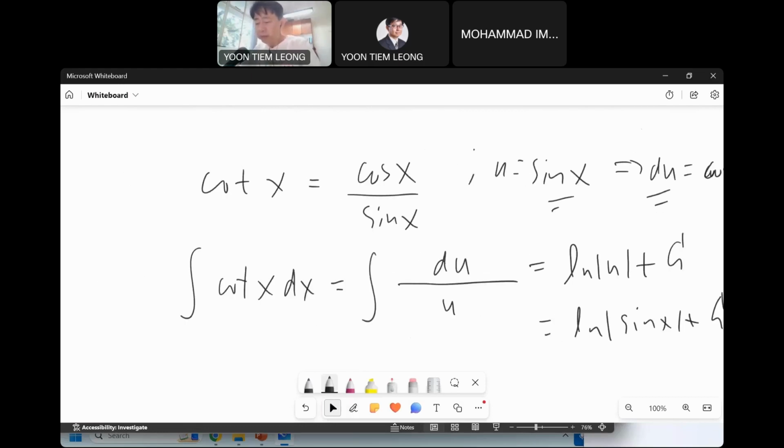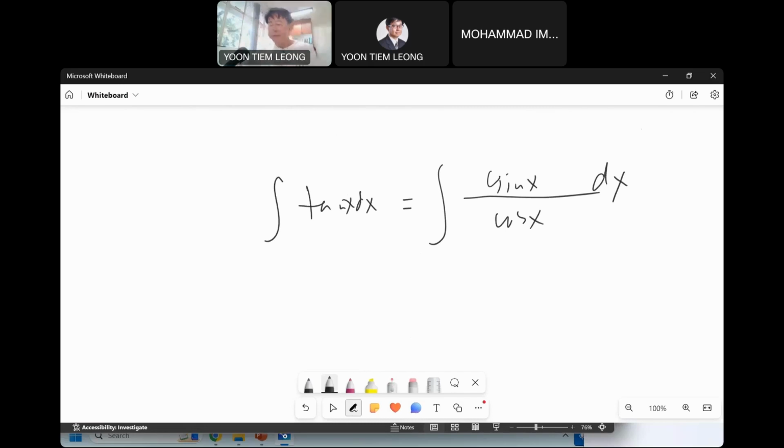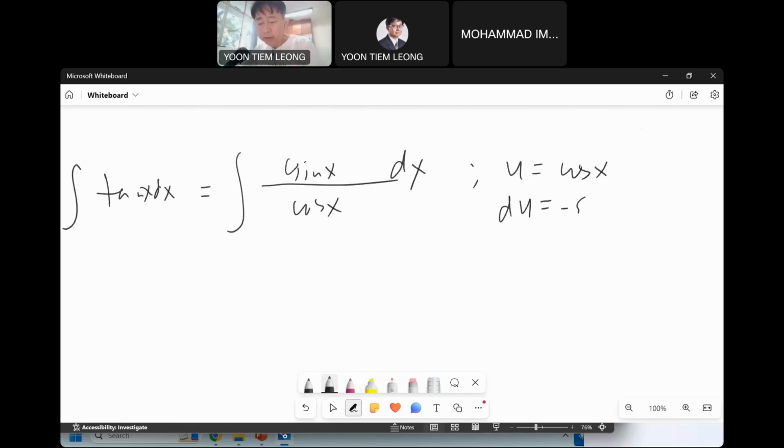Using similar tricks, you can also easily arrive at the result for the antiderivative of tangent x, which is sine of x over cos of x. That is the definition of tangent x equals sine x over cos x. In this case, you call u cos x, then du is minus sine x dx.